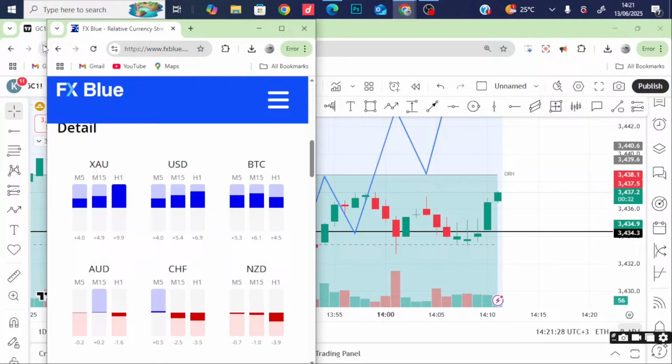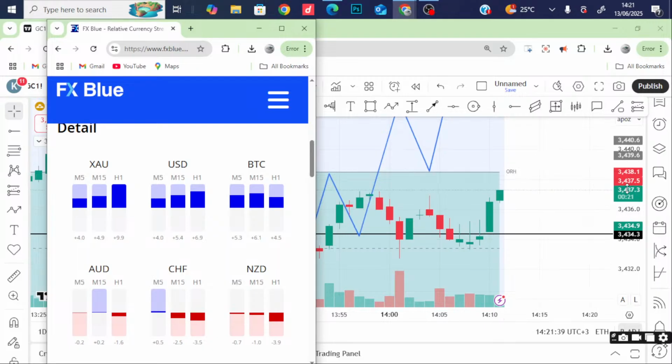It has already rejected, and you can buy gold at 34.38.